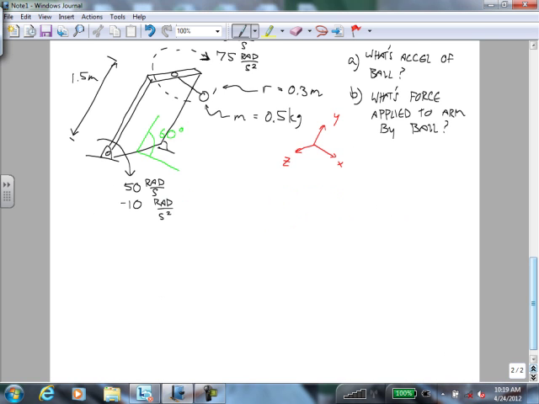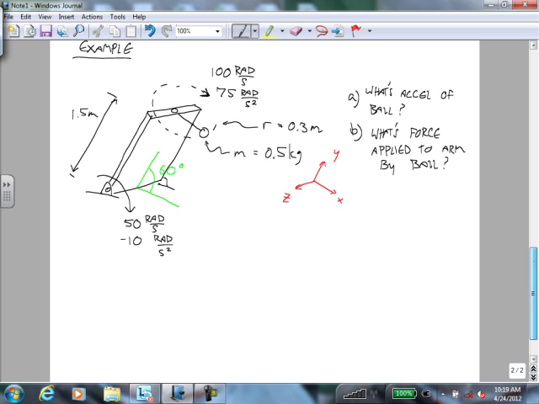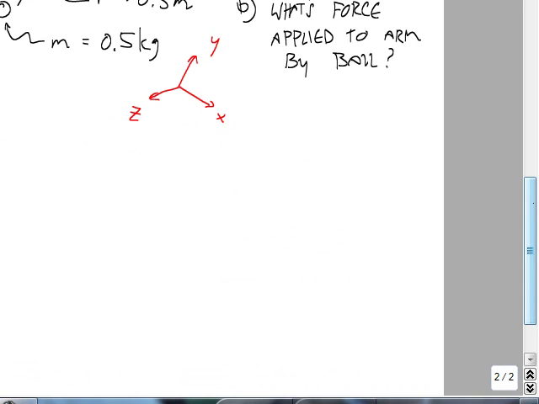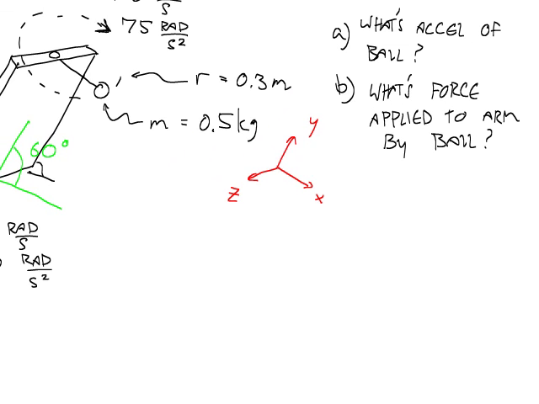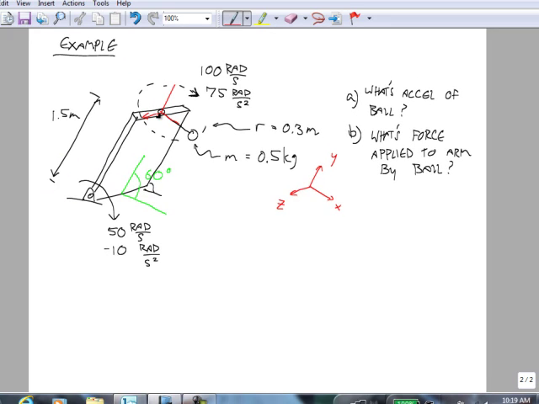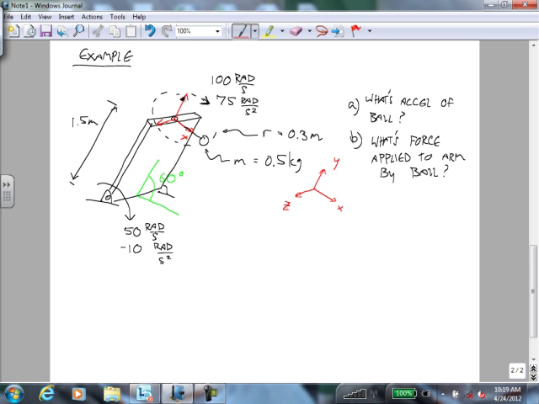So first, where do you want to put the coordinate system? Yeah, I think that's the simplest. So put the coordinate system over here. So then you just have a rigid body, circular rotation around the y-axis.